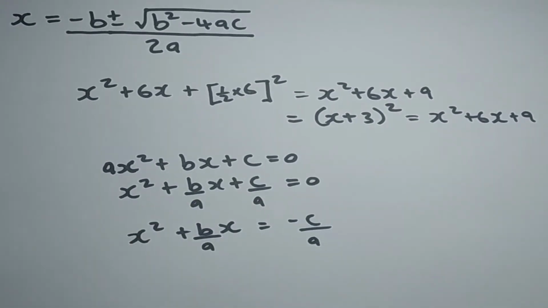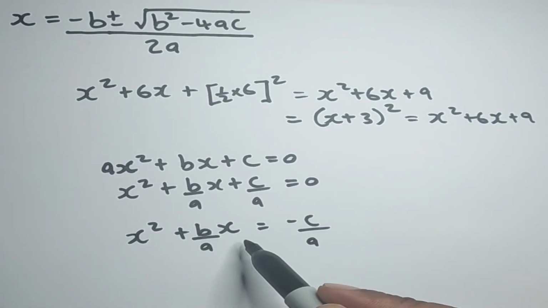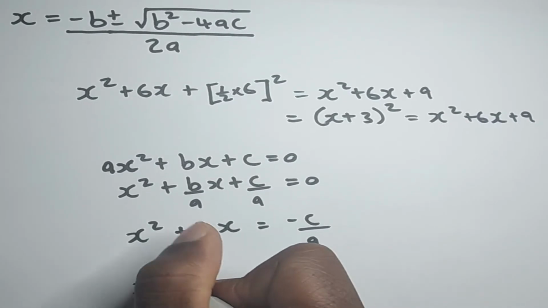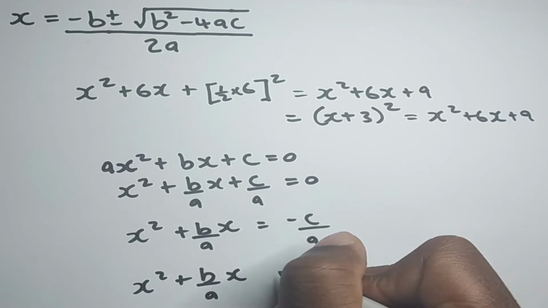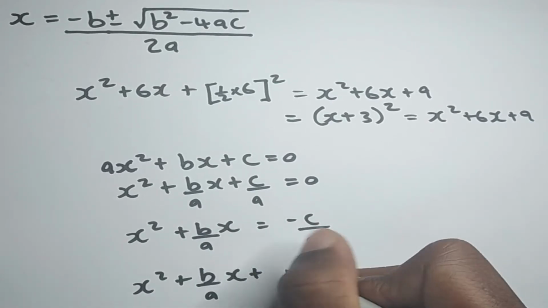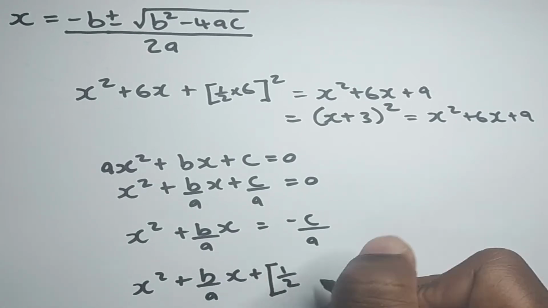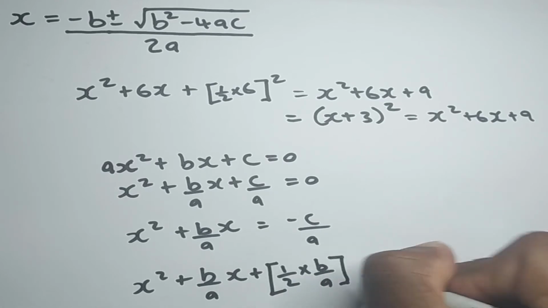Now again, I want to make this a perfect square. So I'm going to add the required constant to do so. Again, we can obtain that constant by adding half the coefficient of the x term, which is b over a, so half of this, and then we are going to square it.